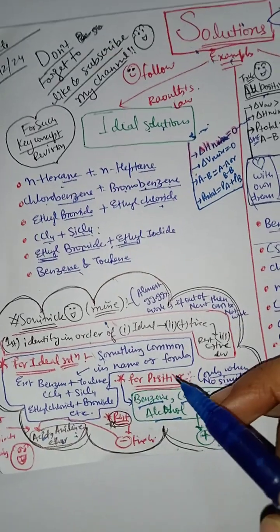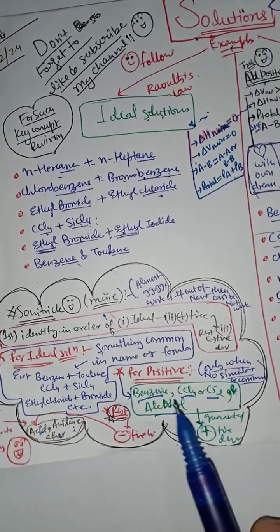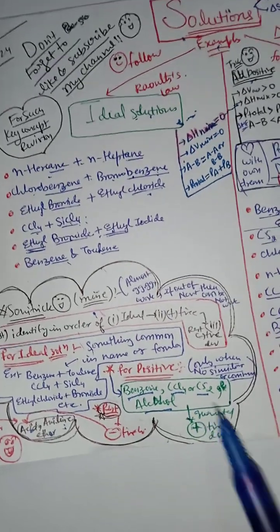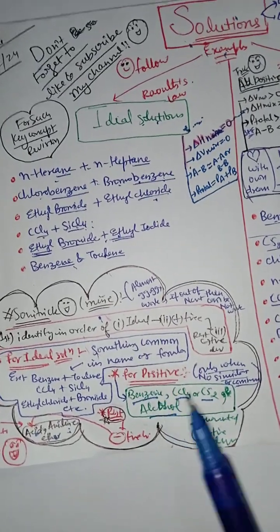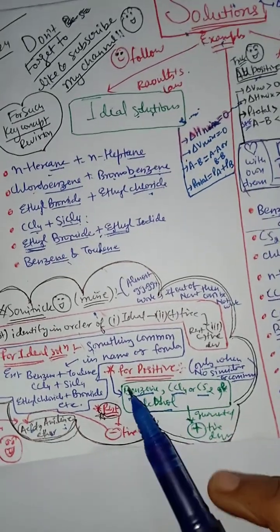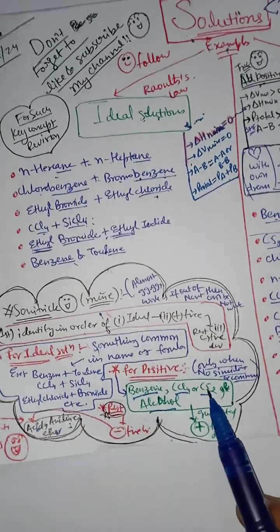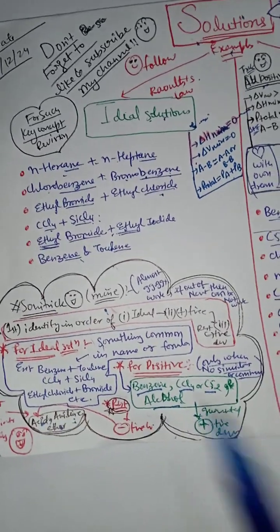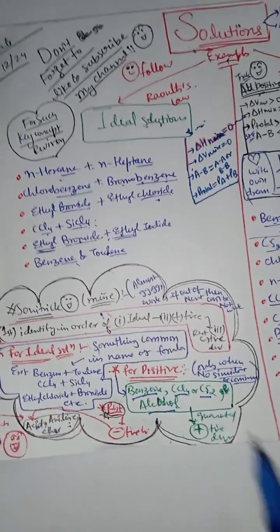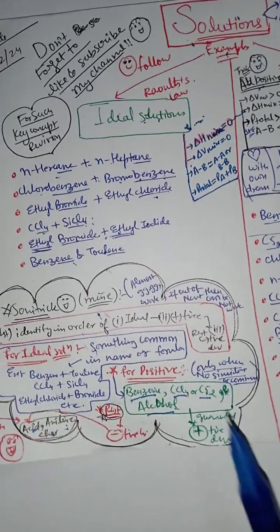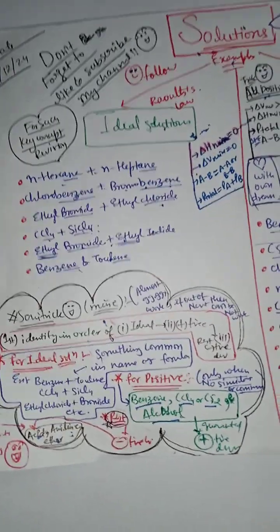For that you need to remember this: if you have seen any of these, it will be a positive deviation solution, except one case which I will tell you in the end. Benzene, CCl4 or CS2 or alcohol, if you have seen any of these in the example, then it will be a positive deviation non-ideal solution, except one which I'm going to tell you at the last.